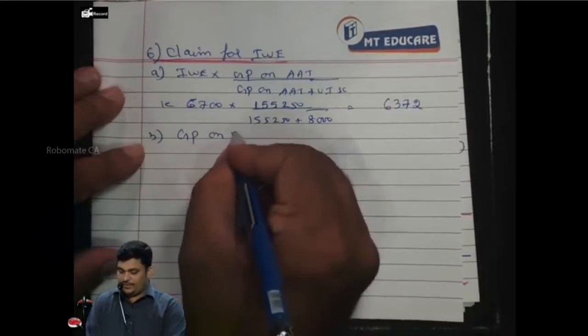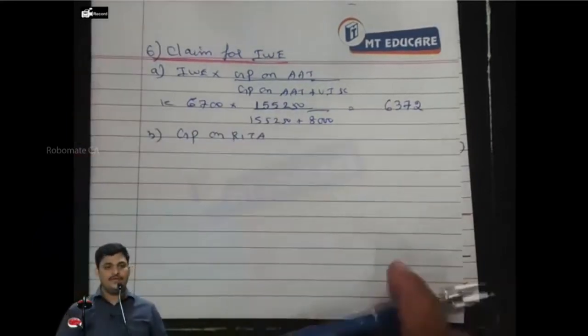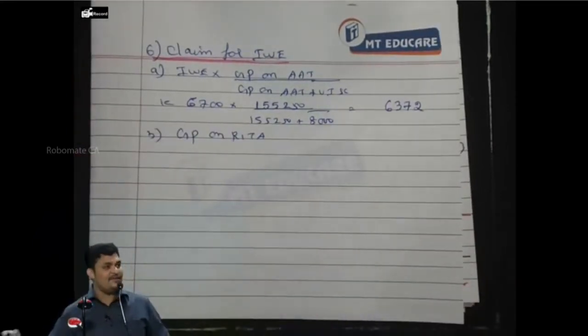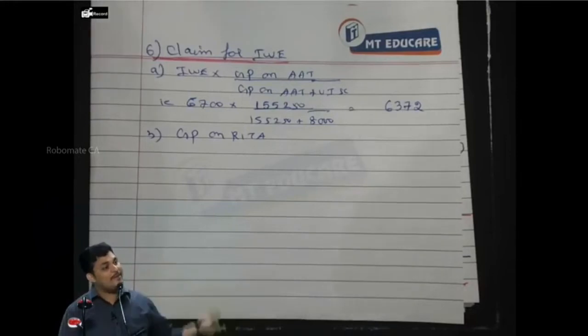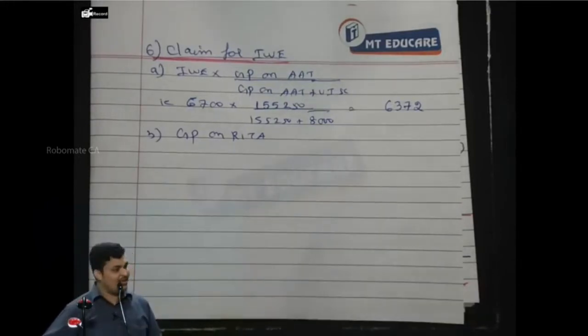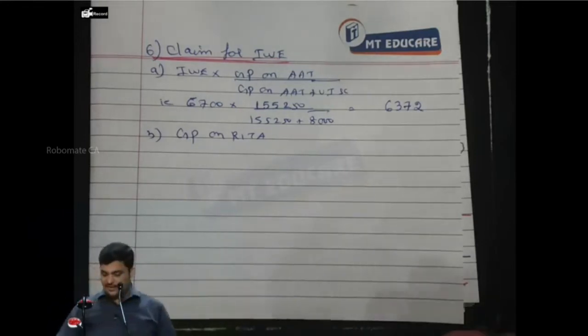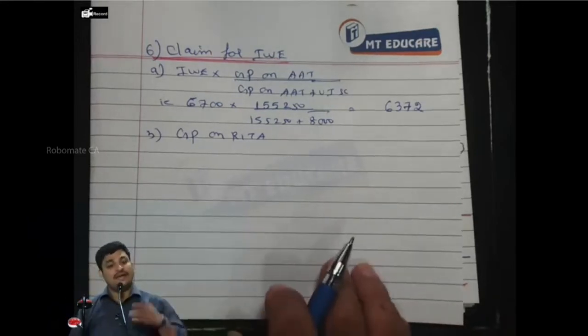GP on Rita. We know that expenditure was incurred. We also know that sales were made. But I want one more piece of information: what would have been the sales if this expenditure was not incurred? Nothing is mentioned, correct? Thereby we treat that as 0, and Rita will be the entire sales.